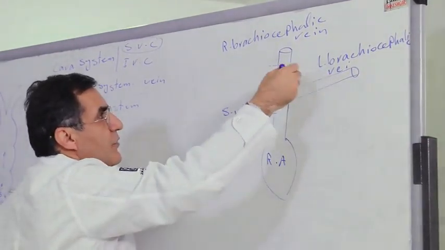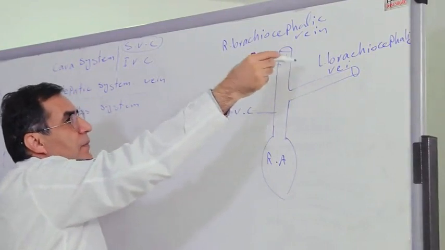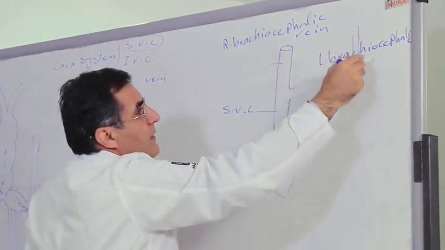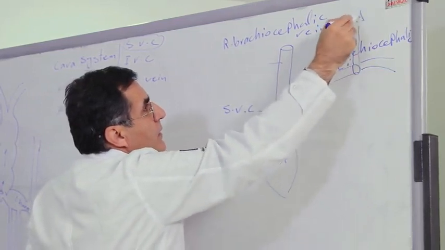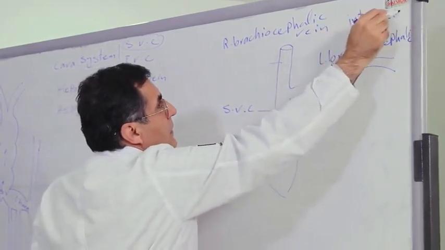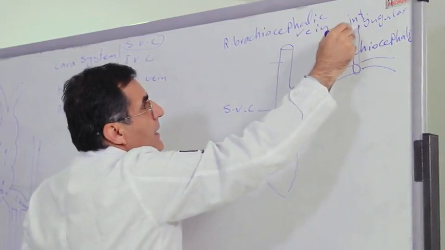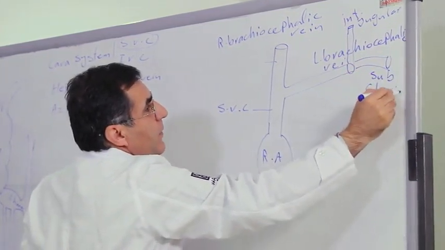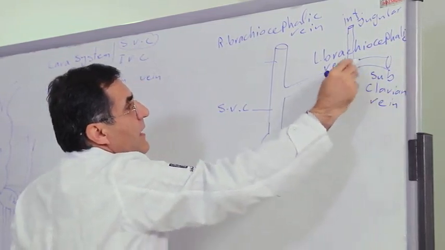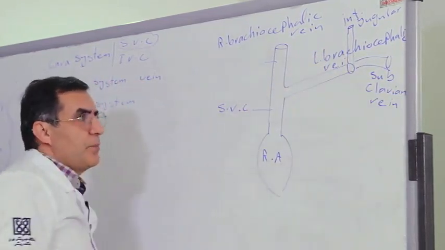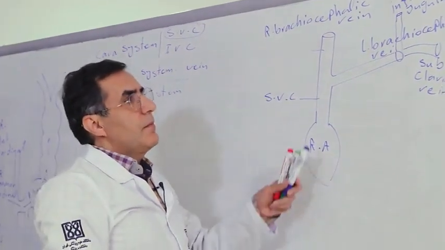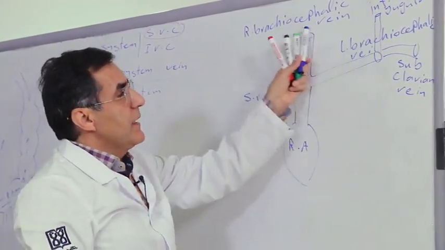As you know, in each side, the right and left brachiocephalic, each of them drains the internal jugular that comes from the head and neck, and the subclavian that comes from the upper limbs. It means that each brachiocephalic vein is formed by joining two veins on each side.